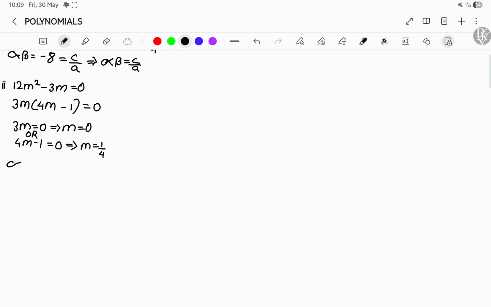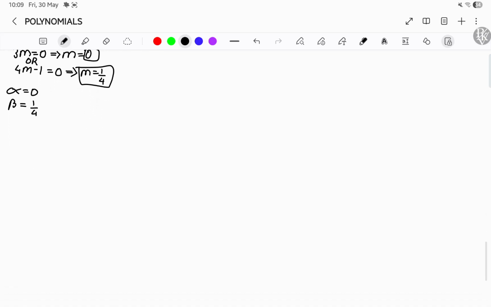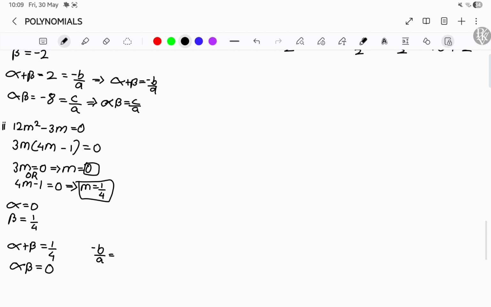So here alpha is equal to 0, beta is equal to 1 by 4. Alpha plus beta would be 1 by 4. Alpha beta would be 0 multiplied by 1 by 4 or 0. Now minus b by a. What is minus b by a?